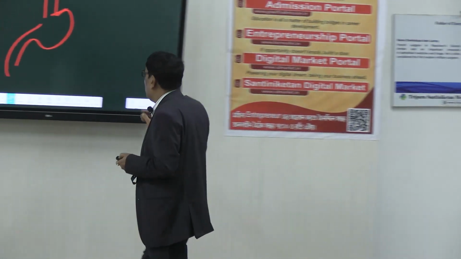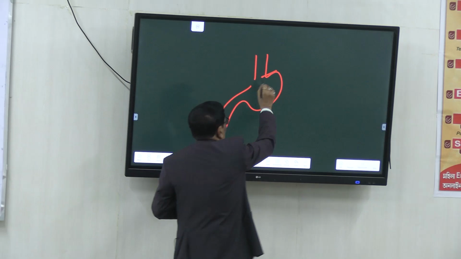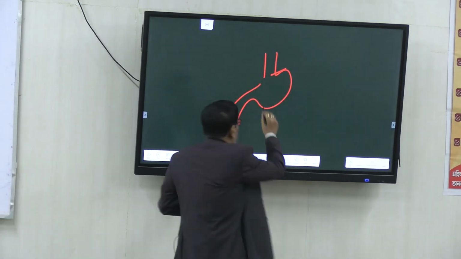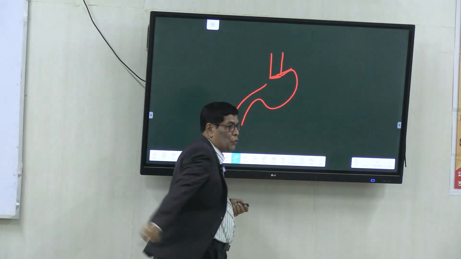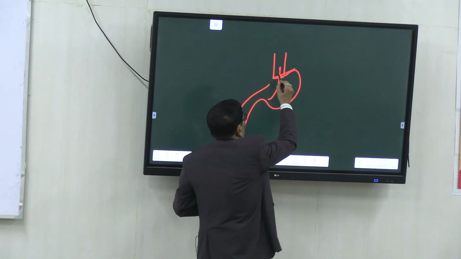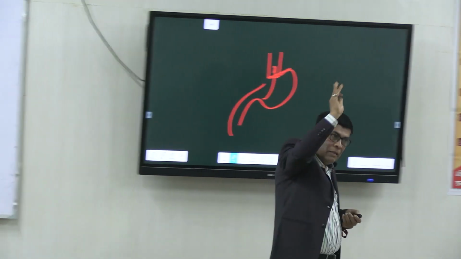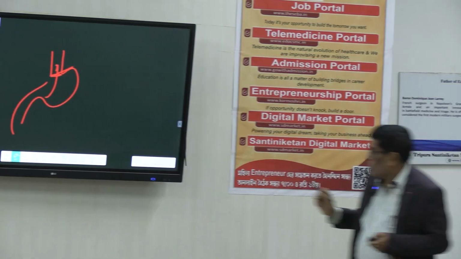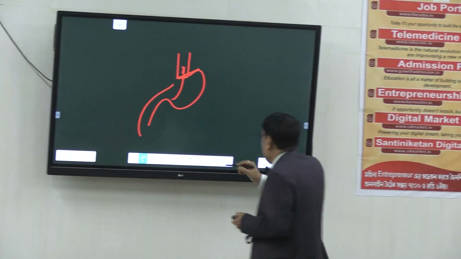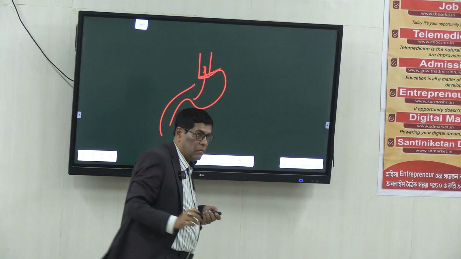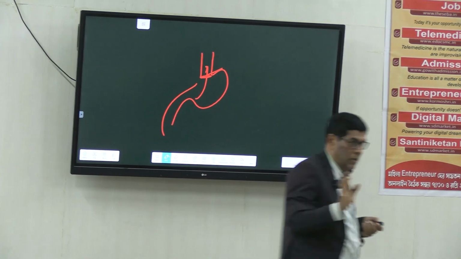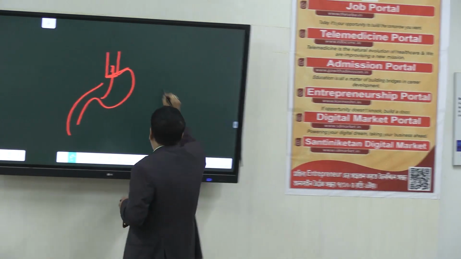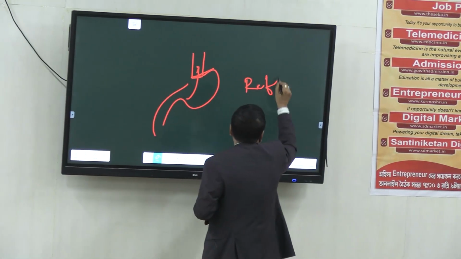It may so happen that because of laxity of your lower esophageal sphincter, there is a sphincter in the esophagus, so that the food content does not go up back. Otherwise, there may be laxity of the esophageal sphincter, so that the acid may regurgitate in the esophagus. It may so happen. Gastroesophageal reflux disease called reflux. R-E-F-L-U-X.